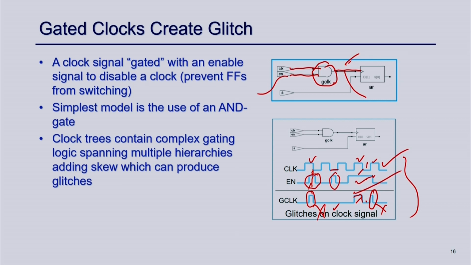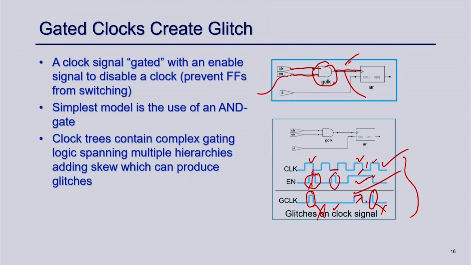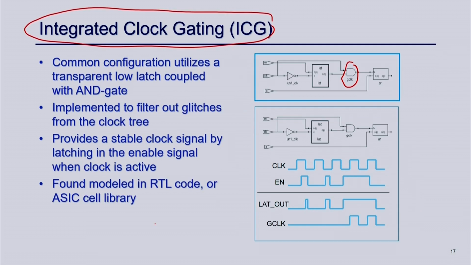So, how to avoid that? That is avoided by integrated clock gating. What is integrated clock gating? Let us look into this diagram, it will be clear. Earlier I used an AND gate and put clock and enable. That is what I have done here, AND gate, clock and enable. What I am doing here is I just put a latch here. Enable is the input to this data and this is the enable out, this output is going to this AND gate and the clock is directly connected to it, giving the gated clock.